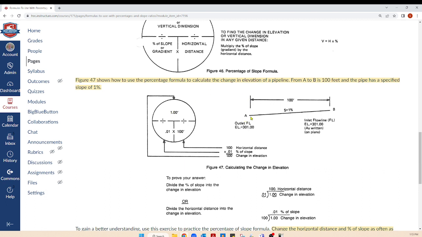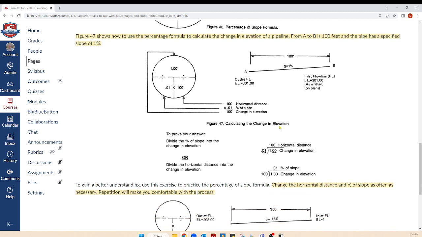In other words, from this elevation to this elevation is, I think they made a mistake. No, 301. There it is, 301. No, it's not. The inlet and the outlet show to be even, and I can't explain that right now.